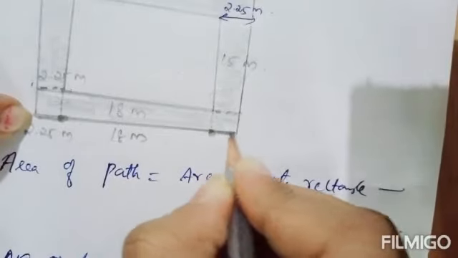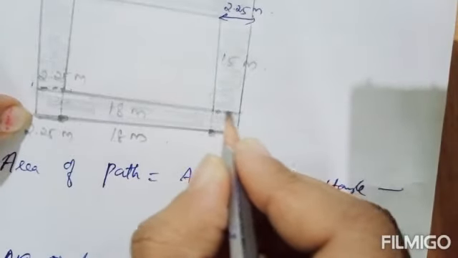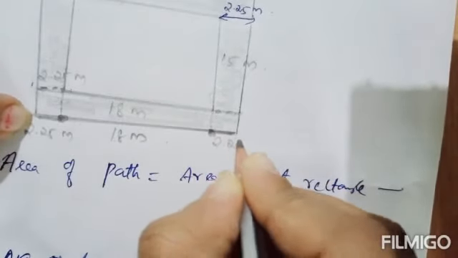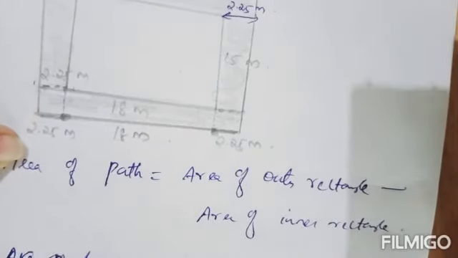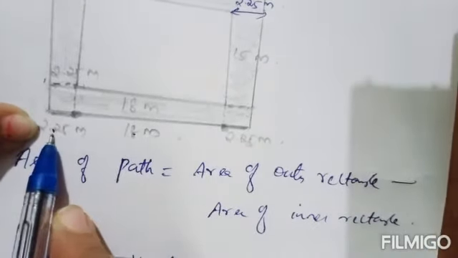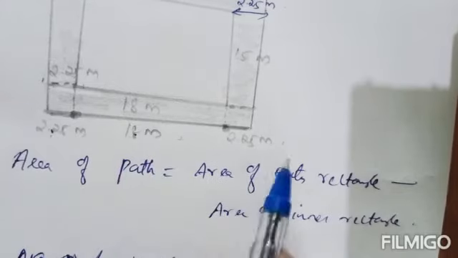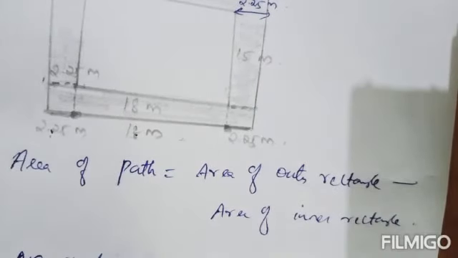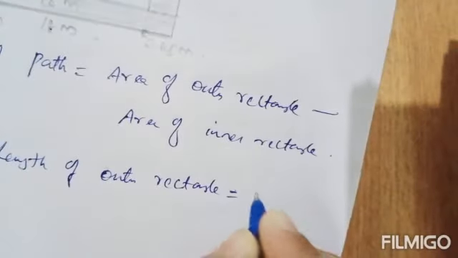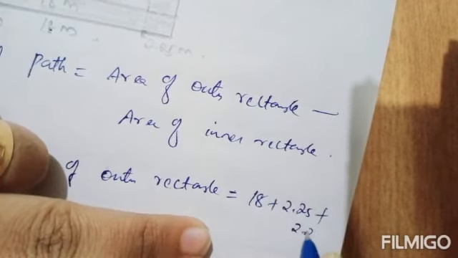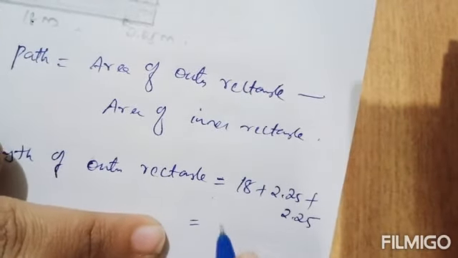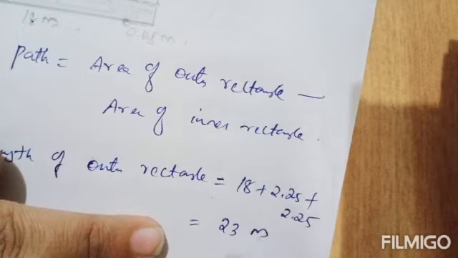Here also this length will be equal to the width of the path, 2.25 meter. So the length of the outer rectangle: 18 plus 2.25 plus 2.25, you will get 23 meter.